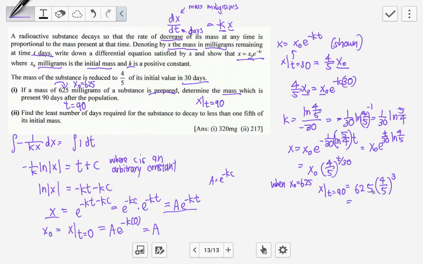So 5 times 4 cubed, 4 times 4 is 16, 16 times 4 is 64, so that is just 320.